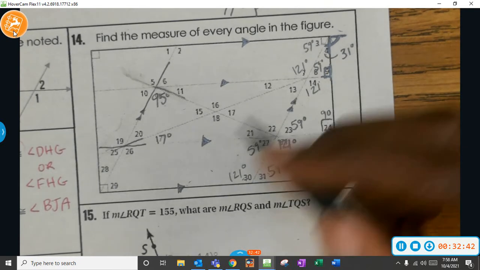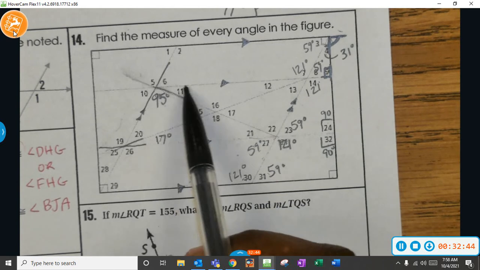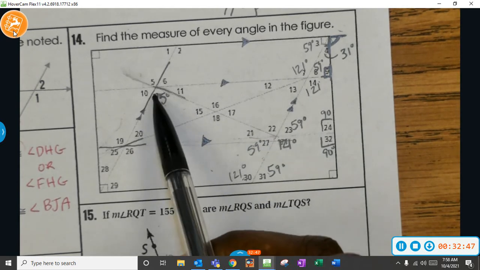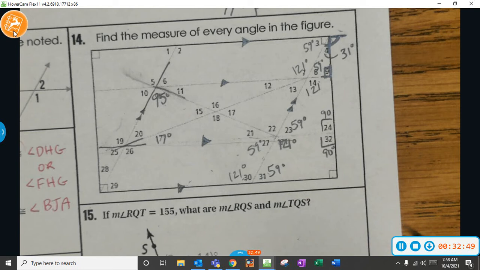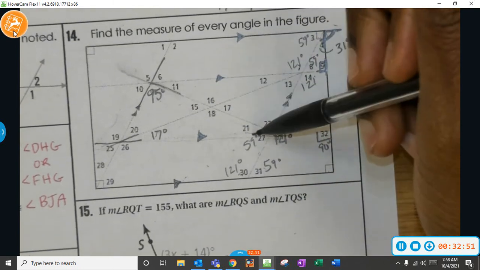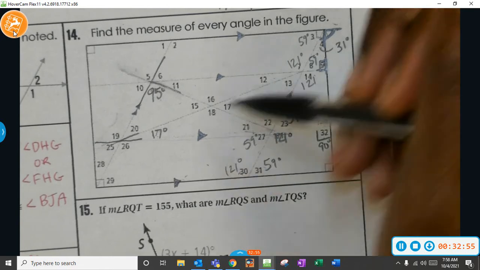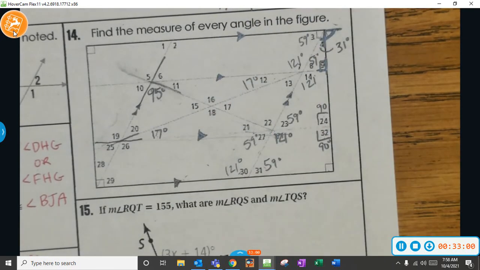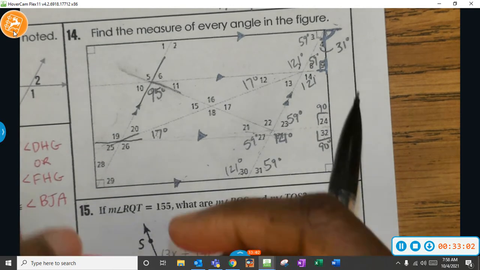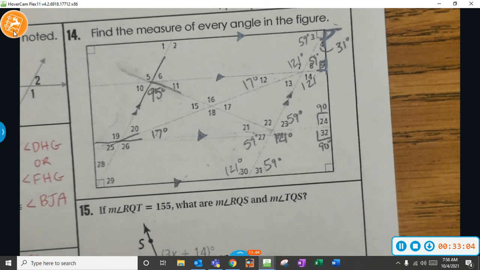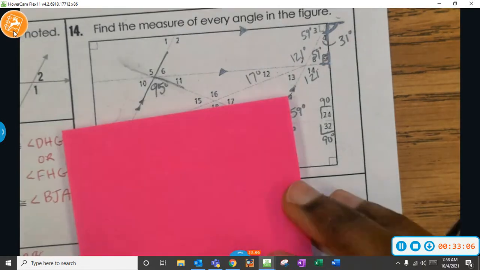What we want to get now is, if we look at these two parallel lines cut by this transversal, 11 and 21 should be the same thing. And 17 and 12 should be the same thing because they're cut by the same transversal. So this is 17 because it's alternate interior. So if I redraw this one, I'll get another sticky note. I'm going to draw these parallel lines.